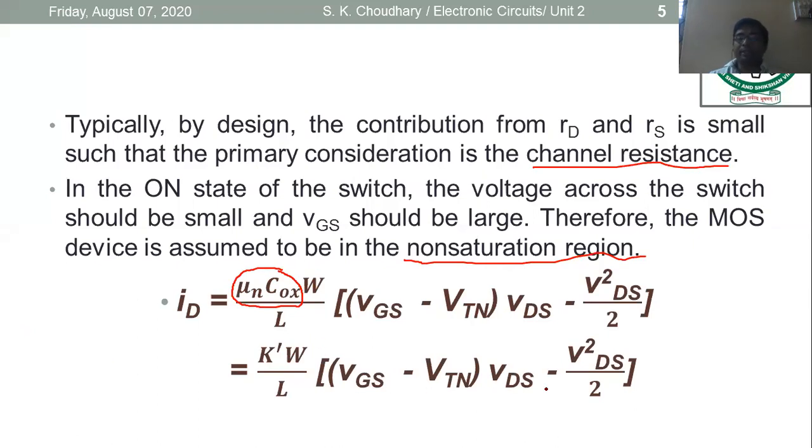This is the current during the on state, when your transistor is biased in the non-saturation region, keeping the condition that VGS is large and VDS is small. This is a very important condition, and that is called the non-saturation region, or linear region.